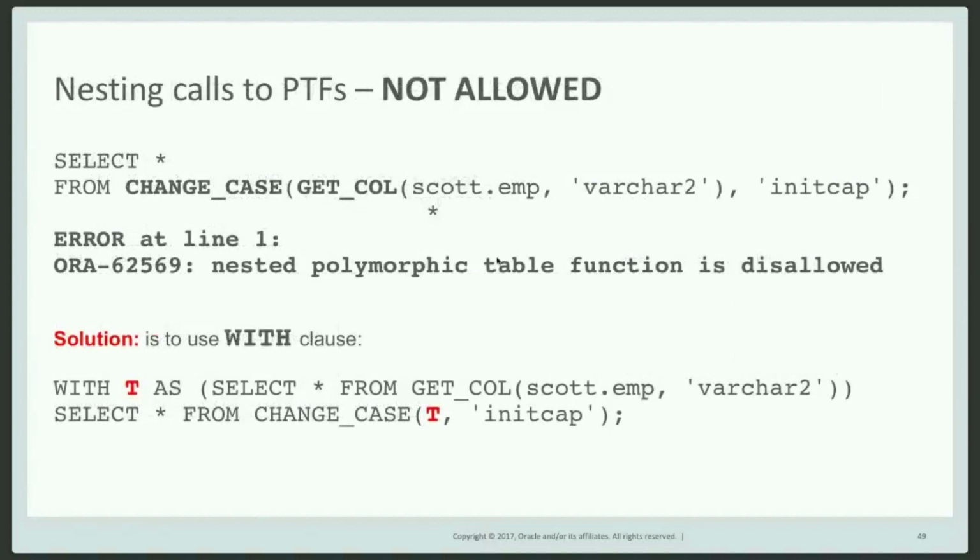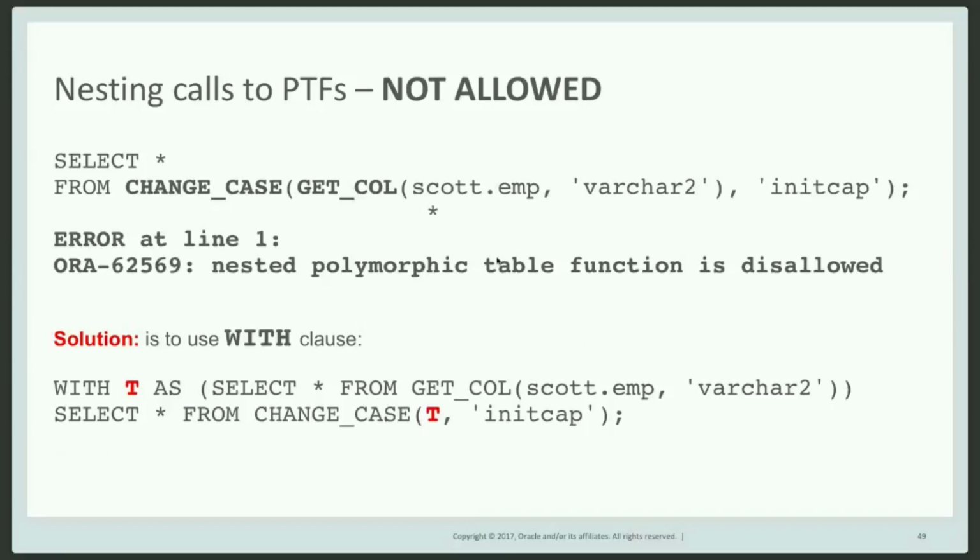So as I said, you can't do nesting either. If you want to do typical type nesting operations, like, I want to change the way a return type is managed, for example, change the case, do some processing, and then do an initial capital on a particular column, can I do that?